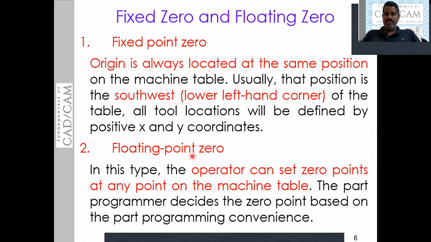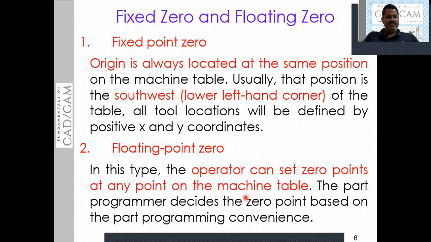Sometimes we need to assume that the reference point may be the axis of the component. So clearly you can observe this in the case of turning. Now you see here, in the case of floating point zero, the operator can set the 0 point to any point on the machine table. Not only the axis, at any point you can shift the zero location. With respect to that zero location, the coordinates are going to be referred.